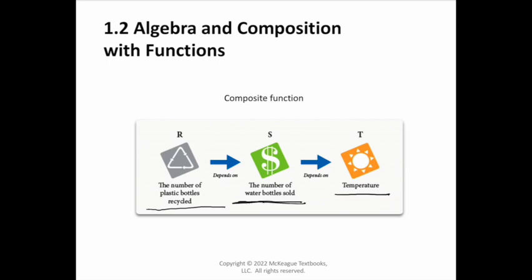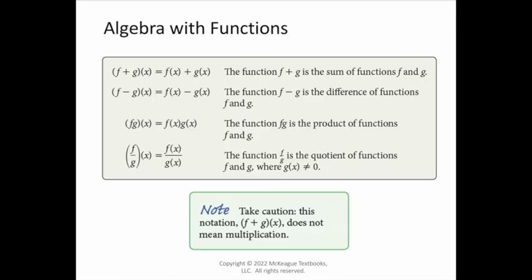In the summertime, we might buy a lot more water bottles. So the number of water bottles is going to depend on the temperature. And then if we want to see how many plastic bottles are recycled, we need to know the number of bottles that are sold. So that's this function. It's going to show us the relationship between these three quantities.